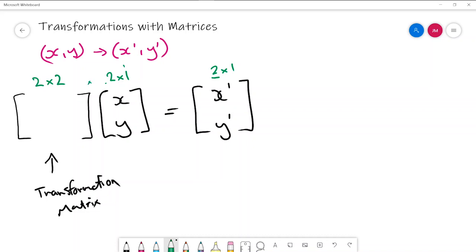Okay, so now let's give these entries here an a, b, c, or d. So when we multiply that matrix across, we end up getting the matrix ax plus by over cx plus dy.